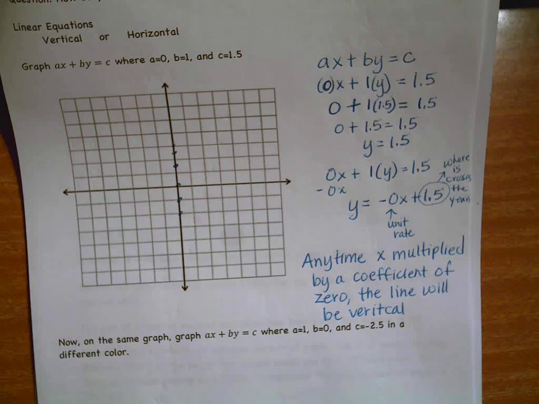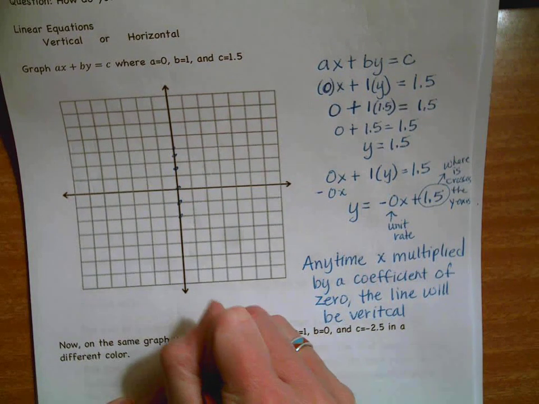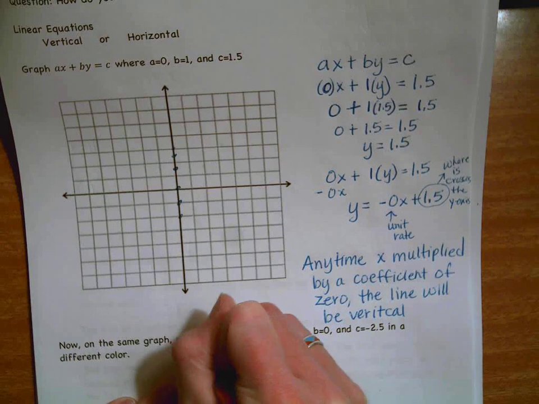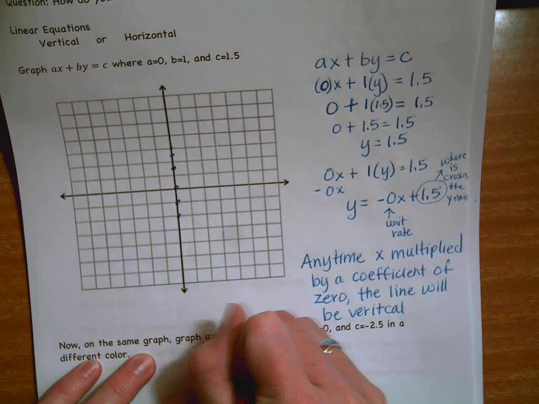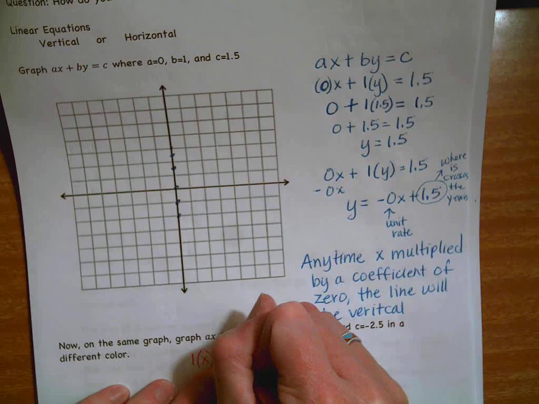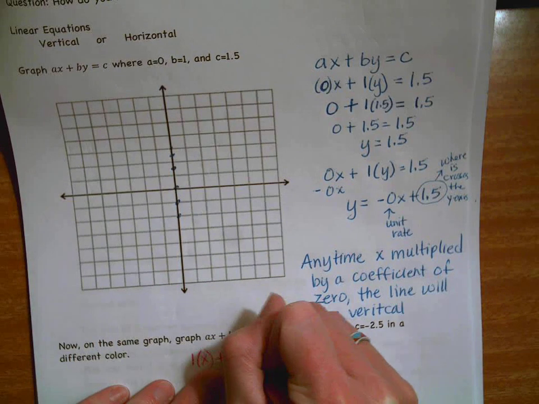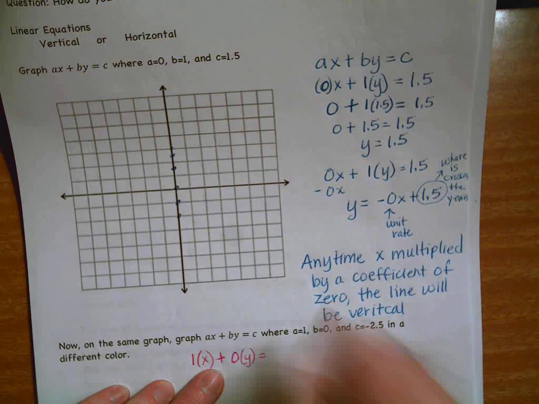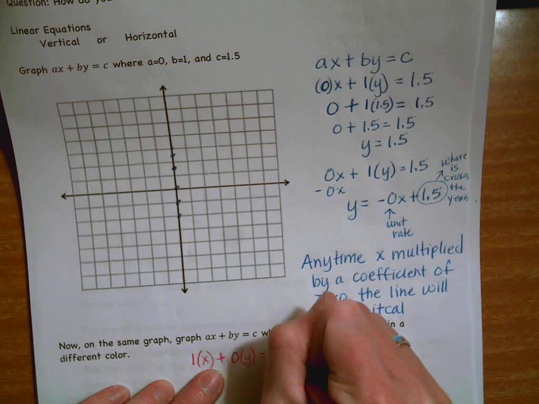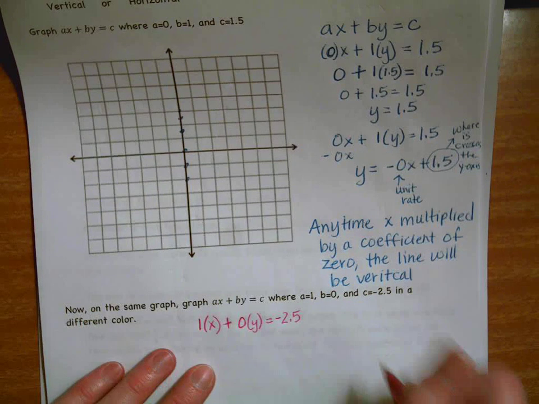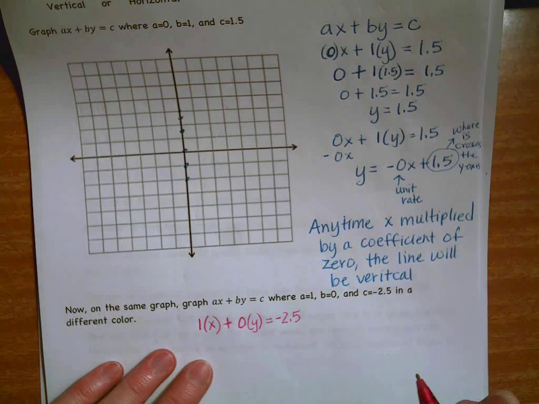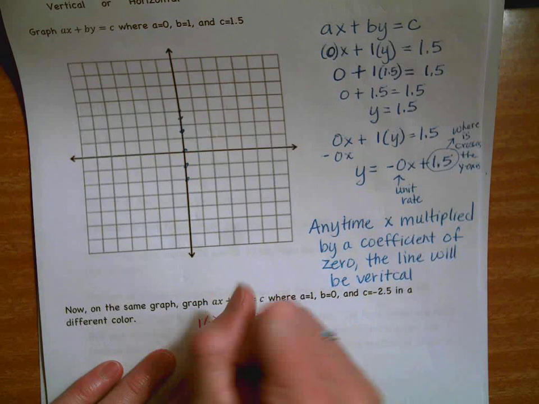So now we're going to do the same thing. It says a equals 1, so we have 1 times x this time, because a equals 1, plus b equals 0 this time, so we have 0 times y equals negative 2.5. Okay, so I am going to first get slope-intercept form.